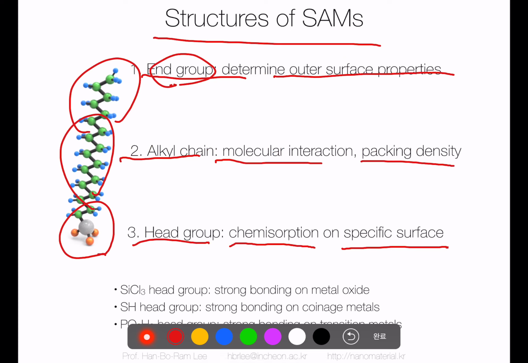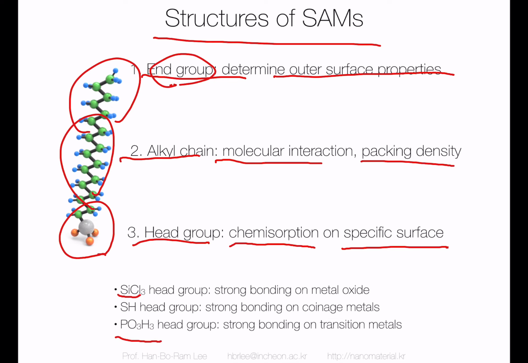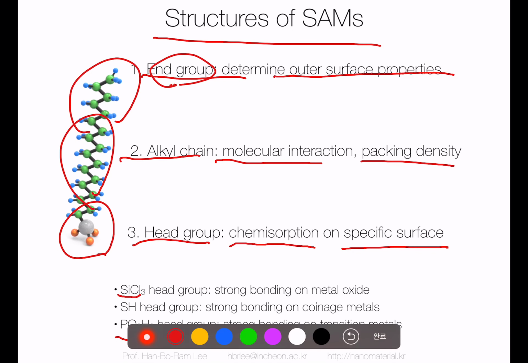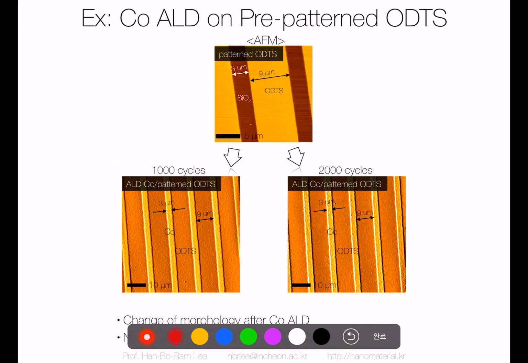If you have a silicon halide head group, like a SiCl3 head group, it bonds strongly to silicon oxide. An SH thiol bonds strongly to coinage metals like platinum, gold, silver and copper, and a phosphonic acid head group bonds strongly to transition metals. This is an example.